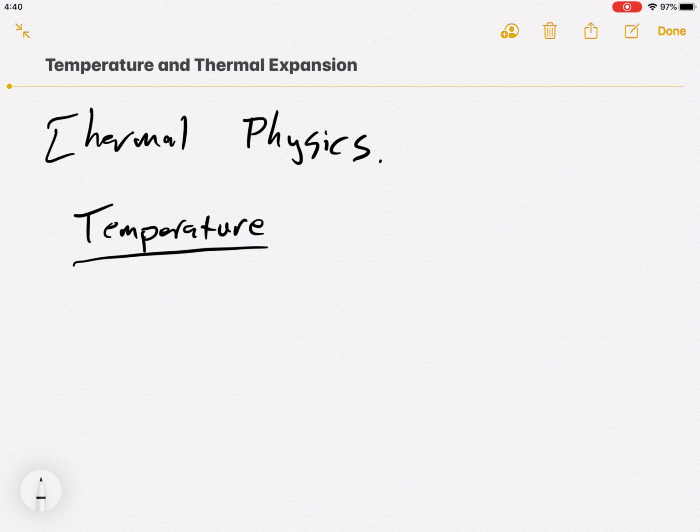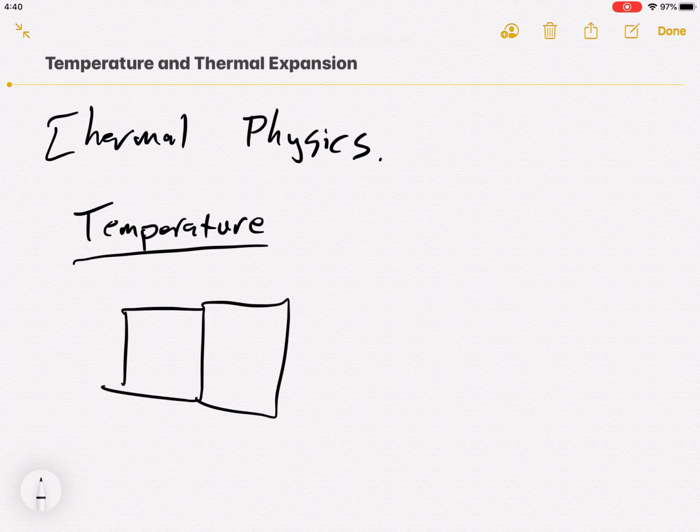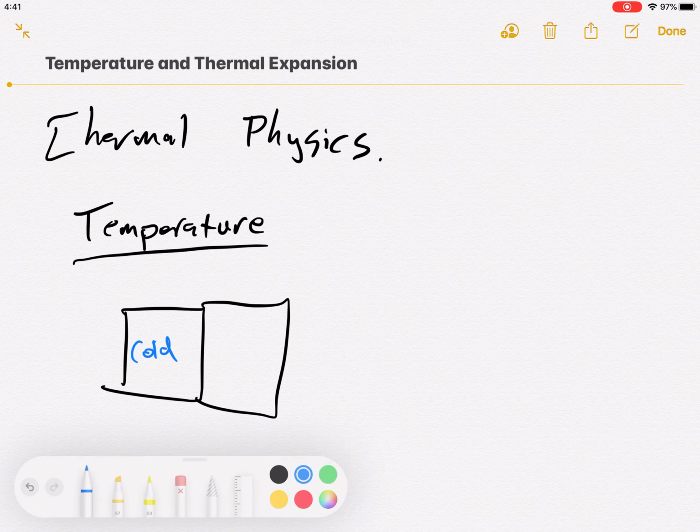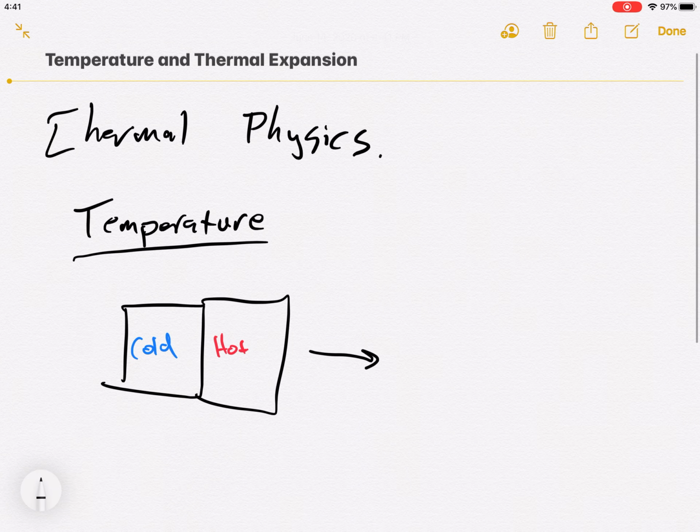I don't have a satisfactory mathematical definition for you right now, but what I can say is temperature is that property of an object that when it's in contact with another object, so let's say this guy's cold and this guy's hot, you let them sit in thermal contact for a while.